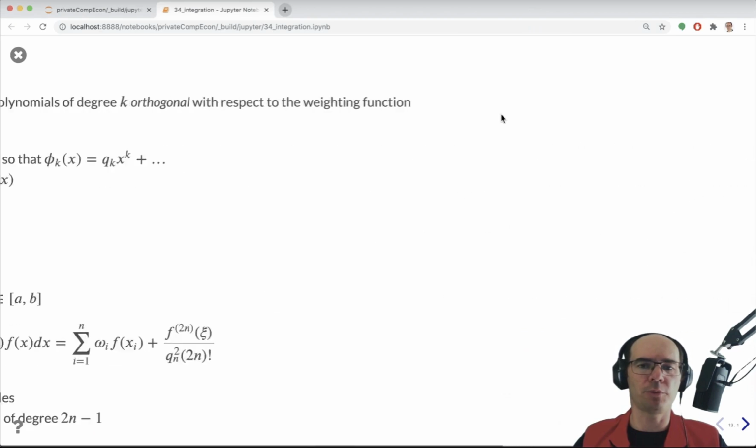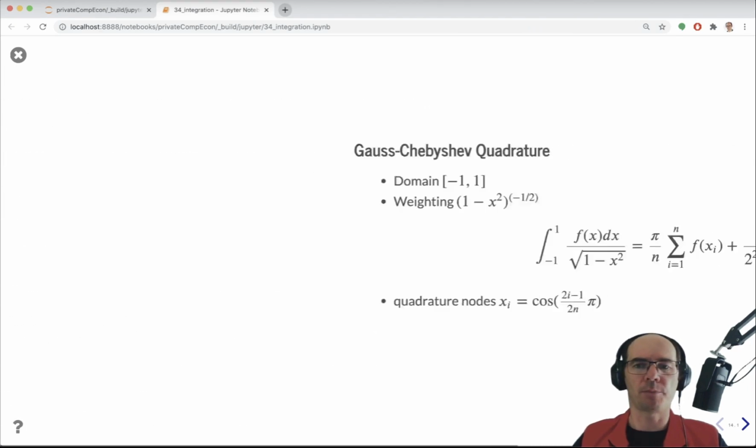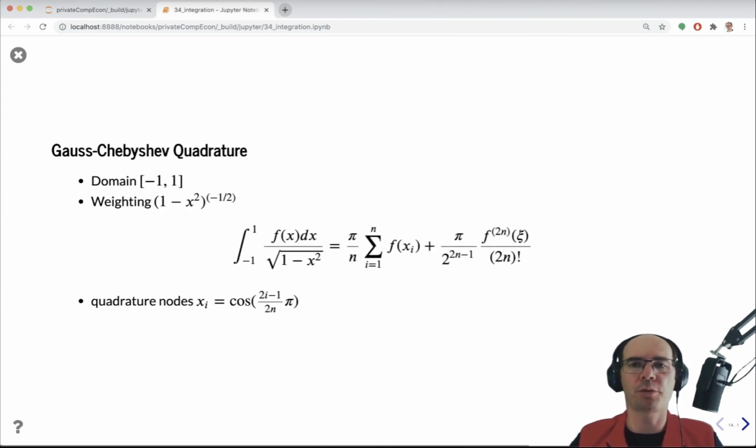Now, what follows is that I will just go through the theory or several theoretical setups of different types of Gaussian quadratures, where the weighting function and the quadrature nodes, the points xi's, are calculated differently. And in practice, we don't have to do that.